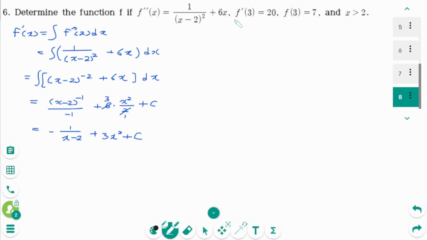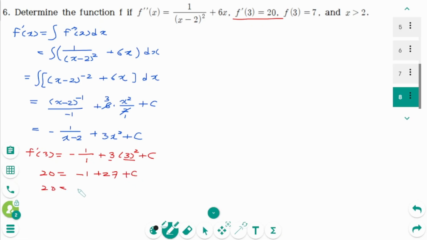Then f prime of 3 equals 20. F prime of 3 equals minus 1 over x is 3, then 3 minus 2 is 1, plus 3 times 3 squared plus c. F prime of 3 equals 20 equals minus 1 plus 9 times 3 is 27 plus c.